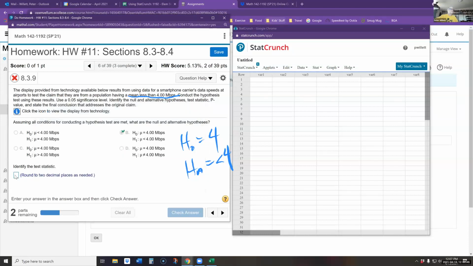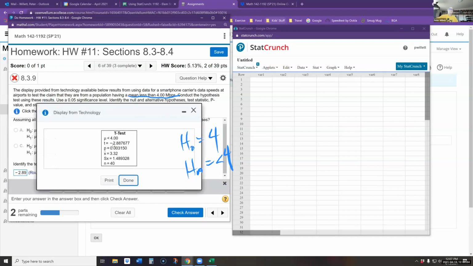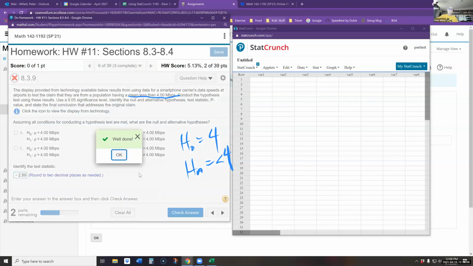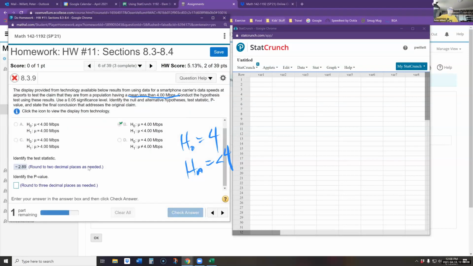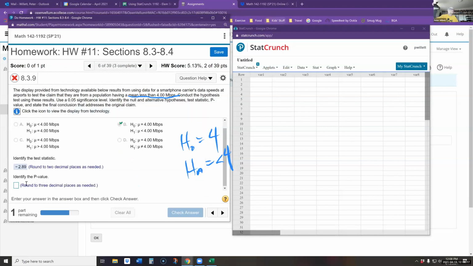So rounded to 2 decimal places, that would be negative 2.89. So the test statistic is, in this case, the t-score. That's the t-score based on the mean value of 3.32. But the test statistic is the t-value, the distribution score. Okay. So then it wants us to identify the p-value, and again, that's just given there as 0.003, looks like, to 3 decimals.